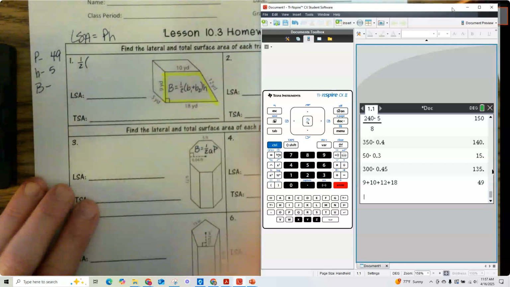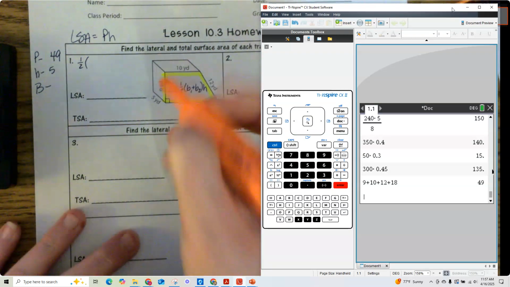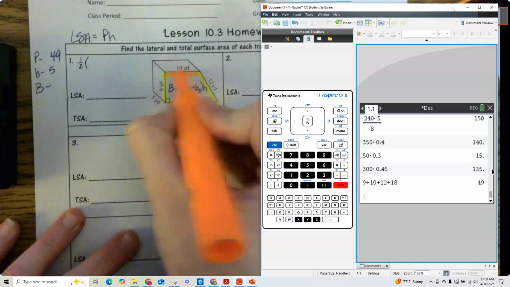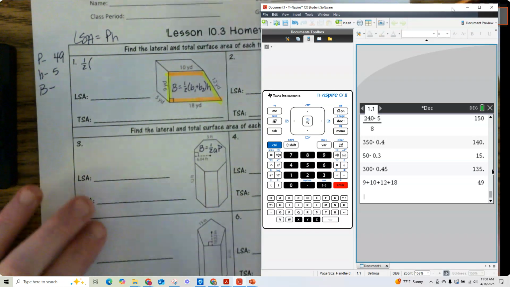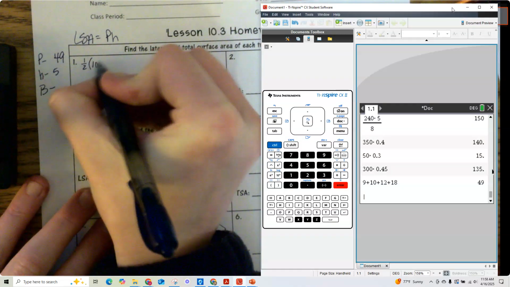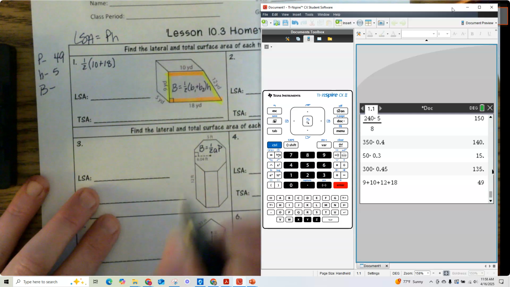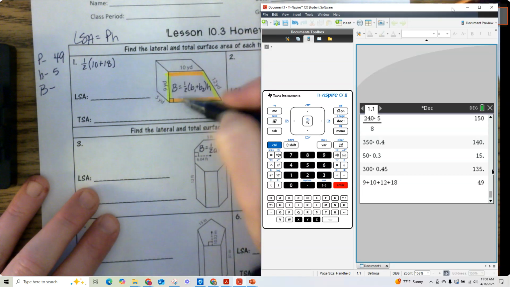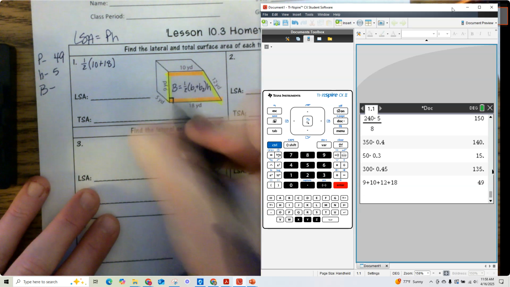And then big B is this thing. So half, all right, the bases are the parallel sides. So for this one, this is a base, this is a base. So we've got 10 and 18. Order does not matter on those. And then the height, look for the square, look for the right angle.